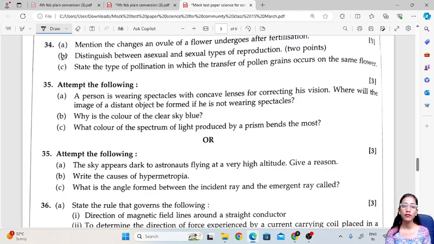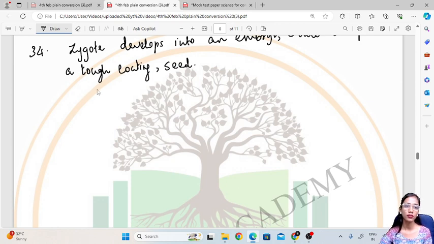Now distinguish between asexual and sexual types of reproduction, for 2 points. Very easy.